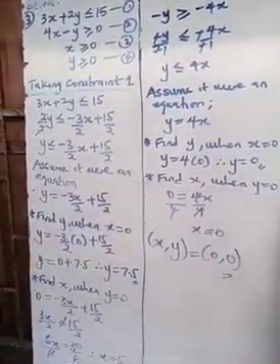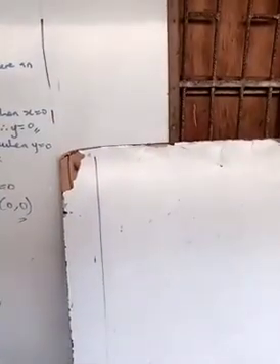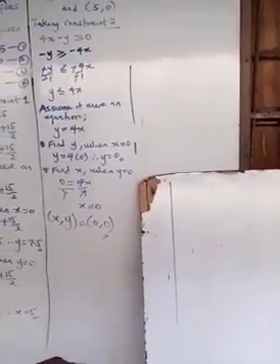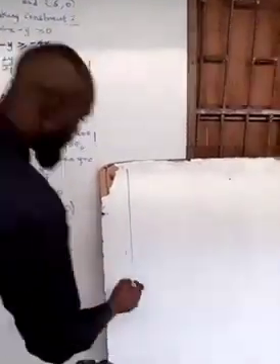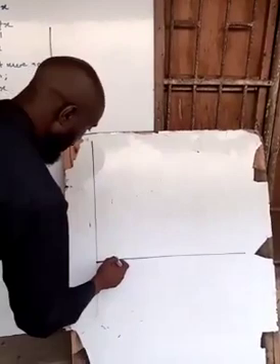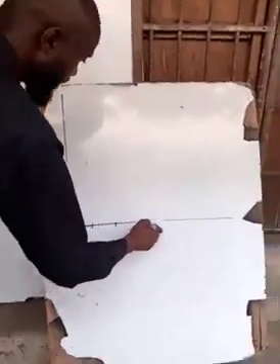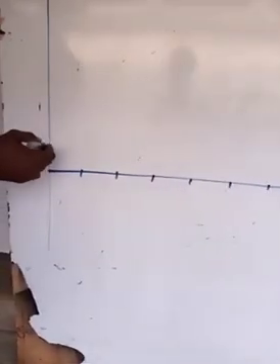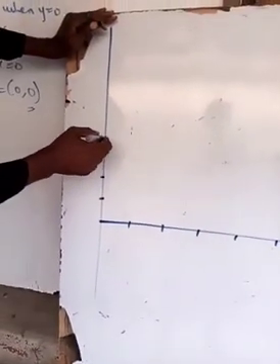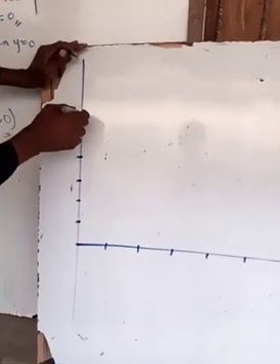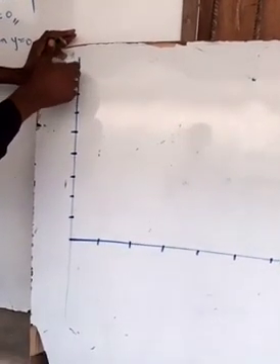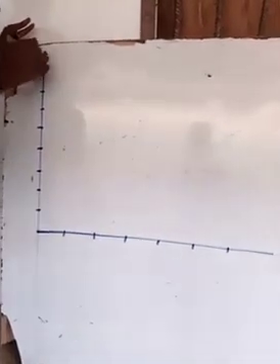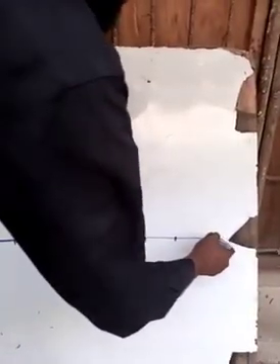Now let's plot the graph. So we have just positive values. y is 0 and 7.5. So this is x, you have 1, 2, 3, 4, 5, 6. Then y, 1, 2, 3, 4, 5, 6, 7, 8. So this is y and this is x.